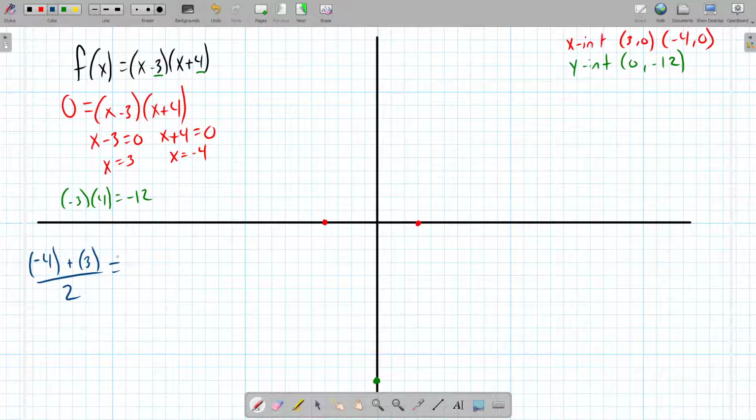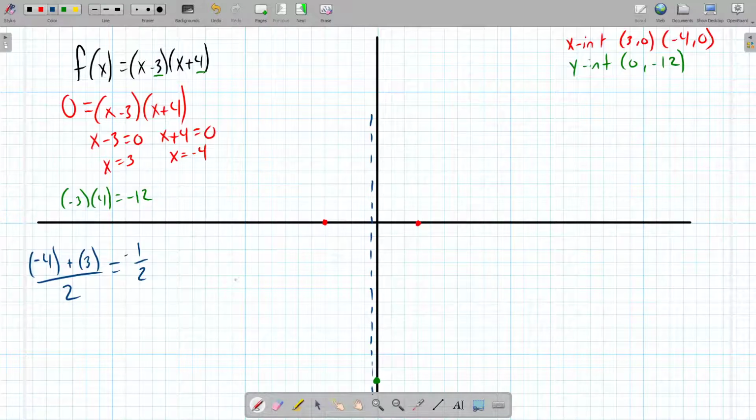So negative 4 plus 3 is negative 1, over 2 is negative 1/2. So I have an axis of symmetry at x equals negative 1/2, and that means that my vertex is somewhere on this axis of symmetry.